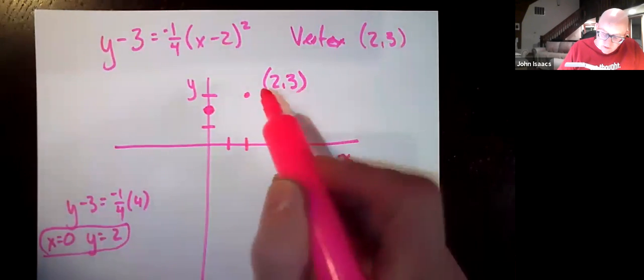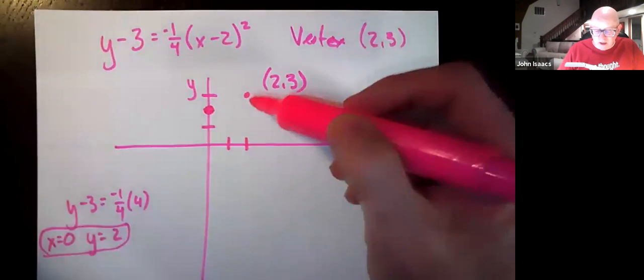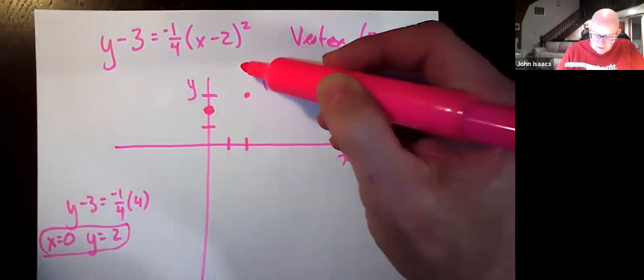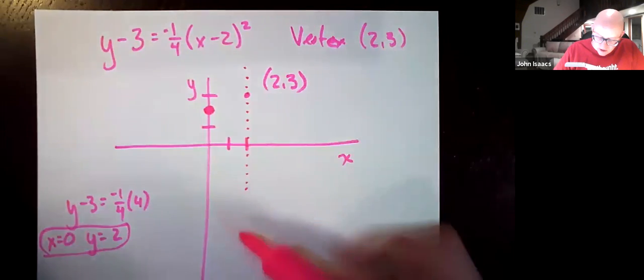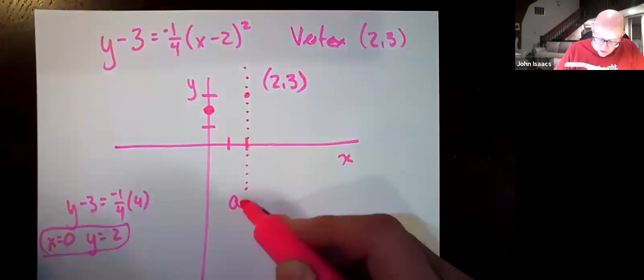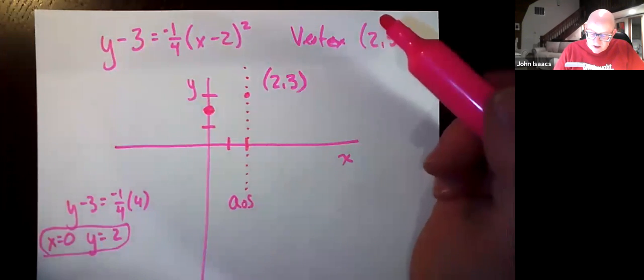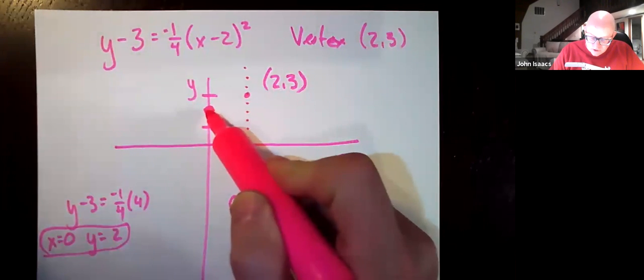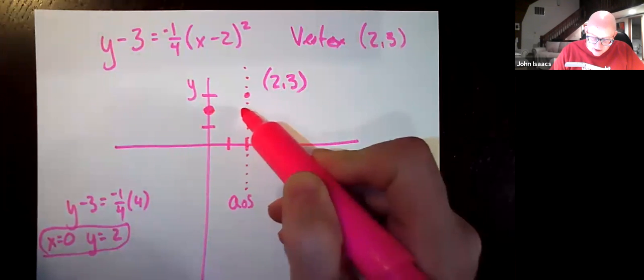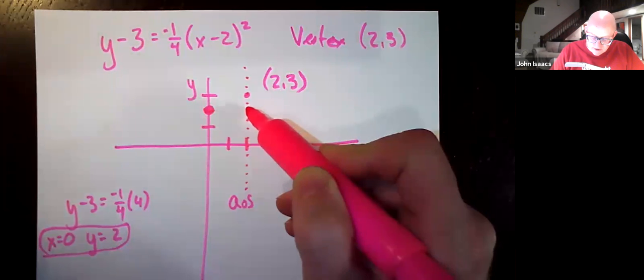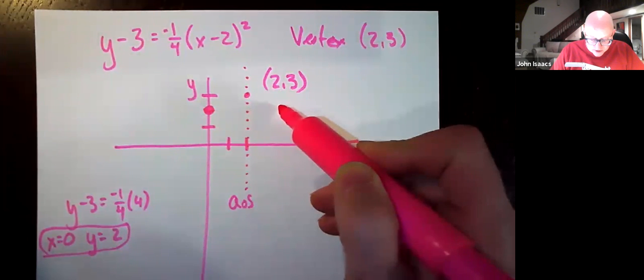Okay, so that's this point here. Now we know this is the vertex. Because this is the vertex, x equals 2 is the axis of symmetry. I'm going to write that AOS, axis of symmetry. Now, if this value here is 2 away in the x direction, there is a value on the right side also that's 2 away in the x direction, just the opposite direction.